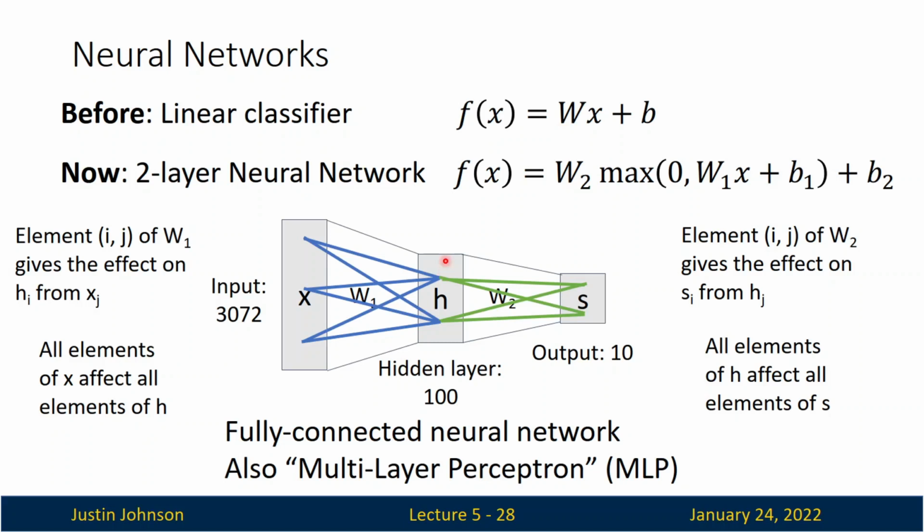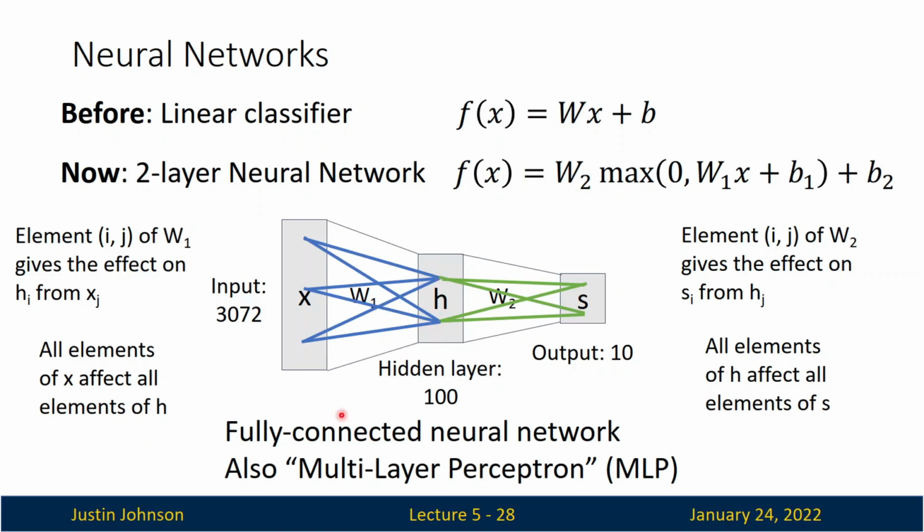So for every element in the hidden layer, where does it come from? It comes from all of the 3072 values here. Do you agree? So for every element, all of the elements in the input layer will be used to generate an element in the hidden layer.